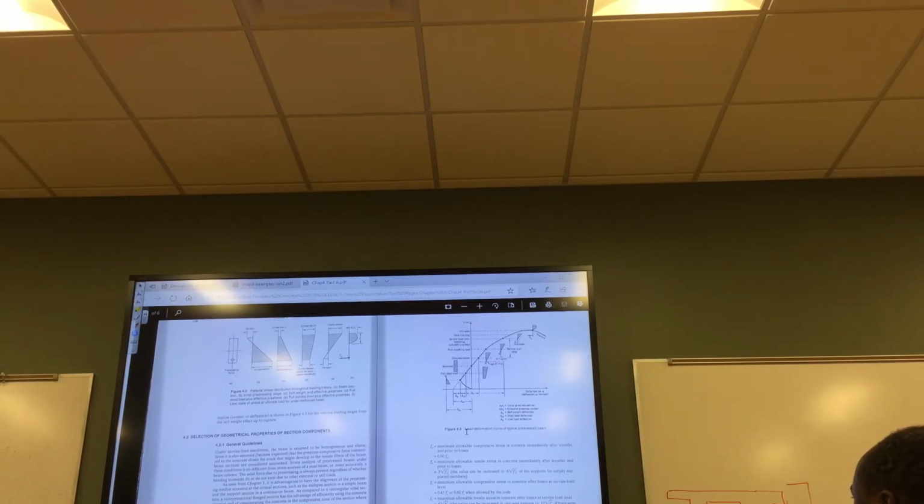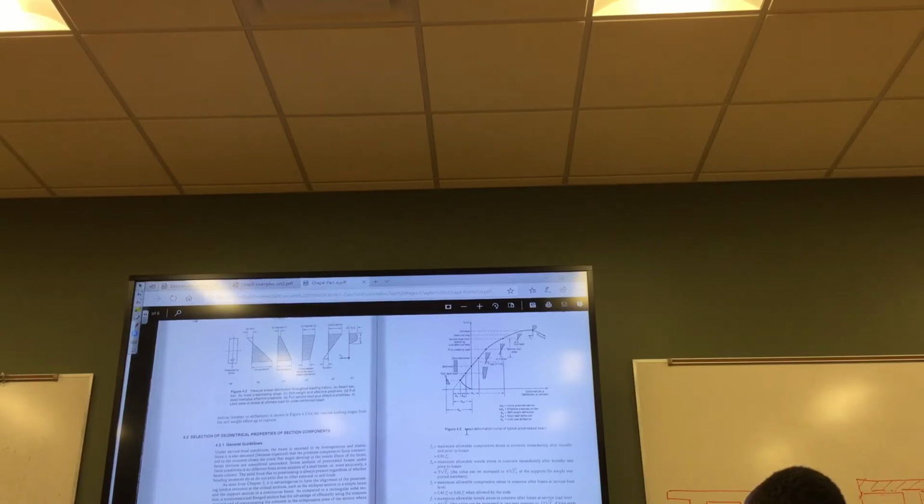What controls your cross section is the sag. You're supposed to have a sag of L divided by 360 or 240, depending on whether you use live load, dead load, or both. So between L over 250 and L over 360 is how much you will allow it to sag. Typically, sometimes more, sometimes less, but that's the rule of thumb.